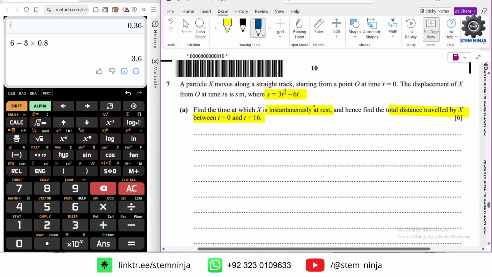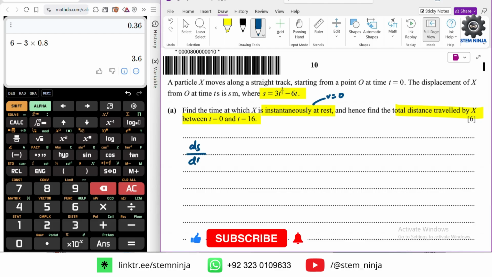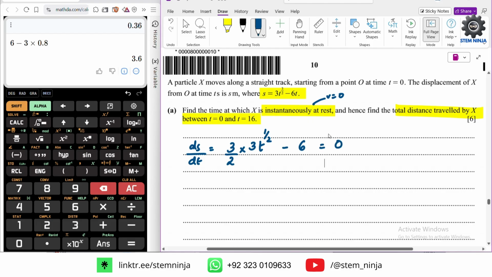Okay, so we need to figure out where it's instantaneously at rest, where velocity is 0. That means we need to figure out where ds over dt is 0. So ds over dt, the power comes down: 3t to the power 1.5 minus 1, that is 1 over 2, minus 6 equal to 0.